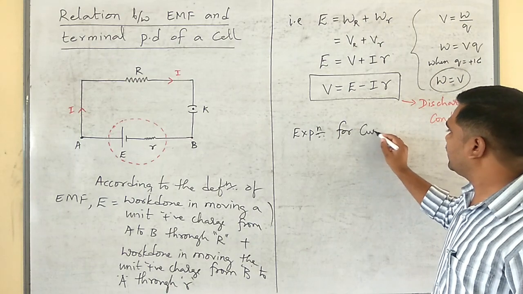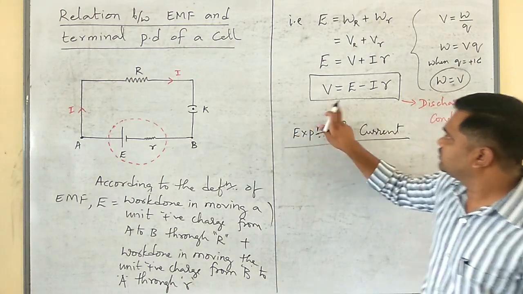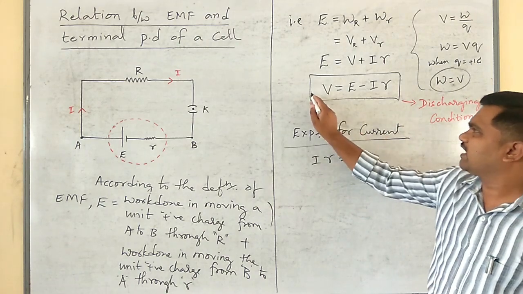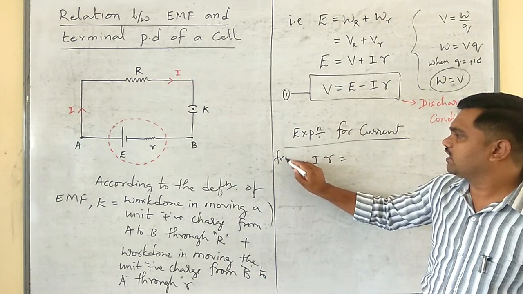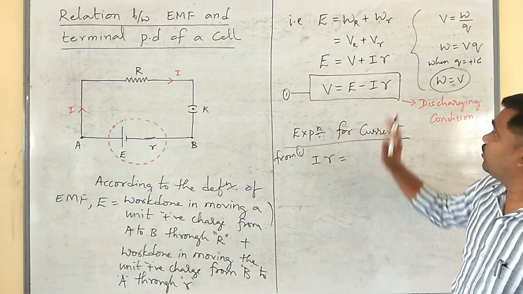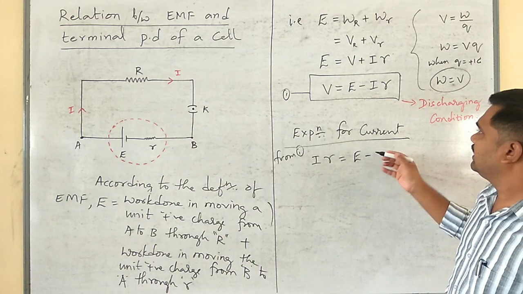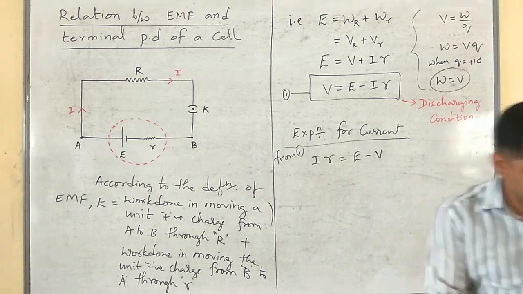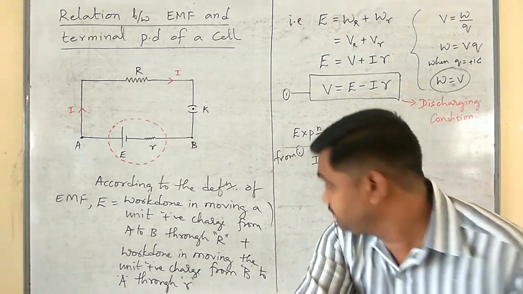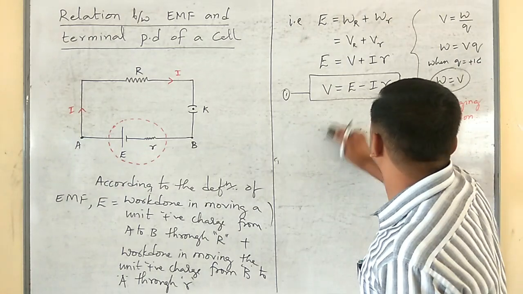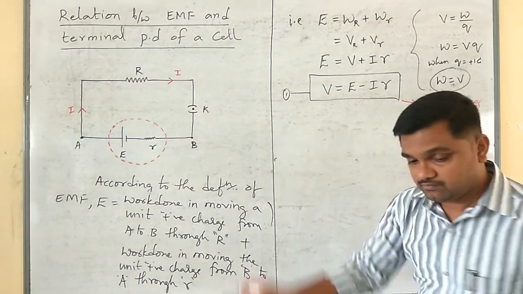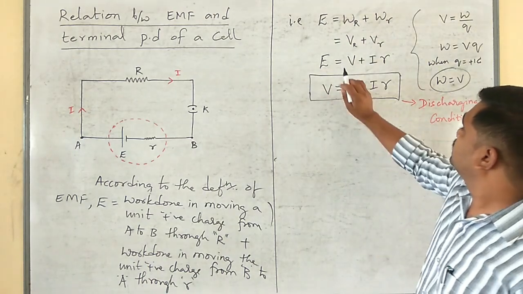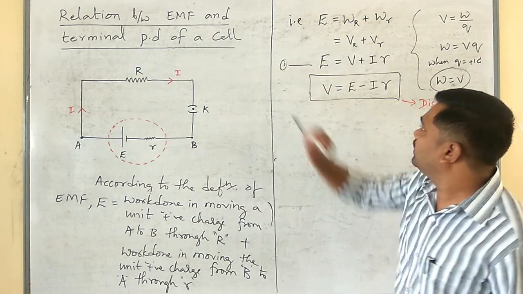From this equation we can write IR is equal to E minus V. Let us call this equation number 1.